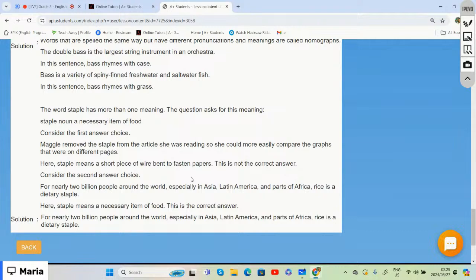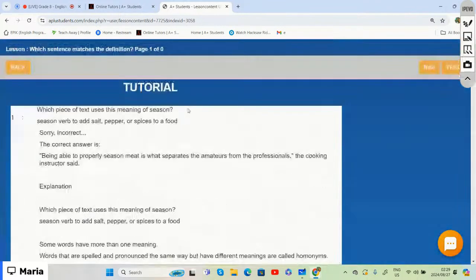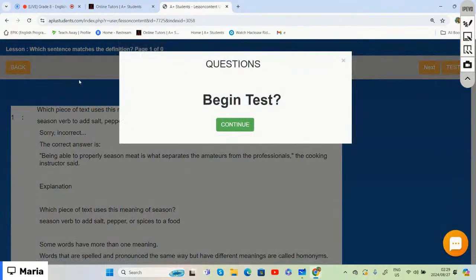In our country we call it pap. So those are staples. All right. So now we're going to our test where we are going to say which sentence matches the definition.